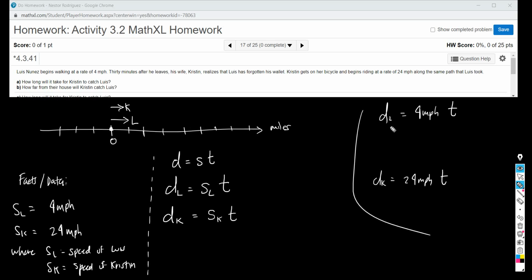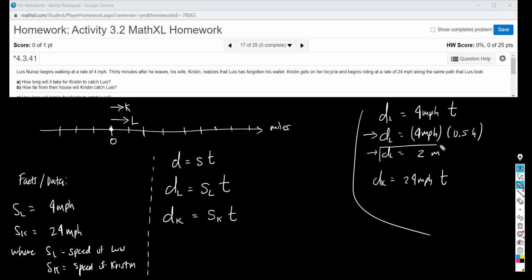Let's see how much distance he has covered. 4 miles per hour times 0.5 hours gives that the distance covered by Luis is 2 miles.